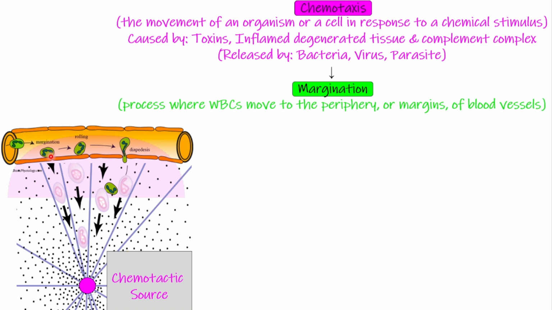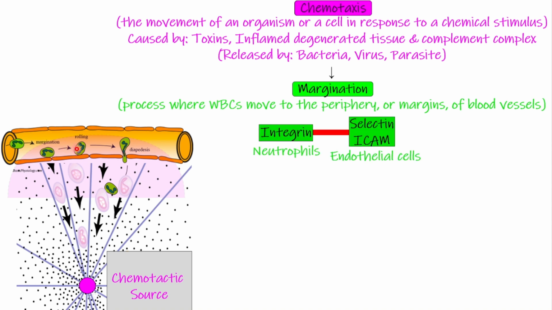After margination, we have rolling over. When margination takes place, this WBC, this neutrophil, comes and attaches to the endothelial wall. Now there should be some receptors on the neutrophils as well as on the endothelial cells.